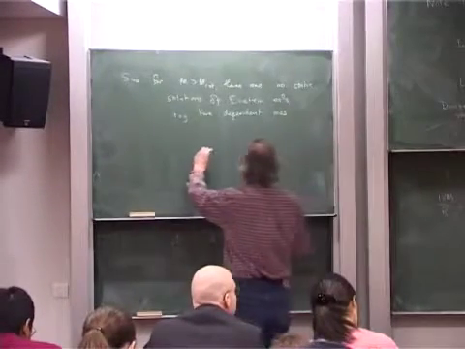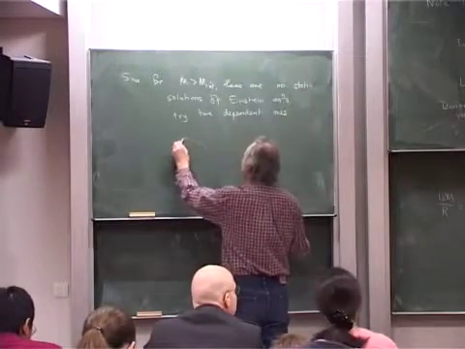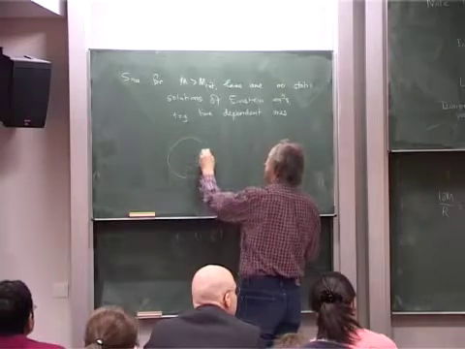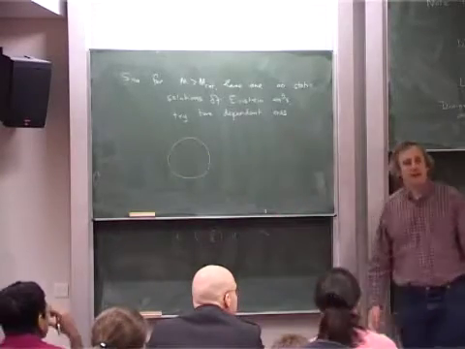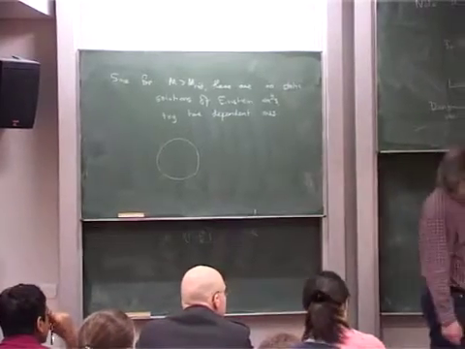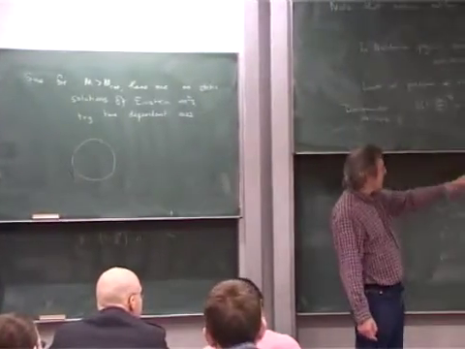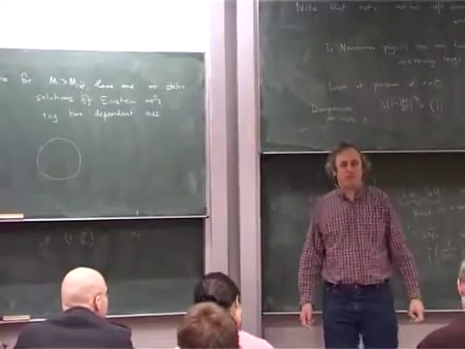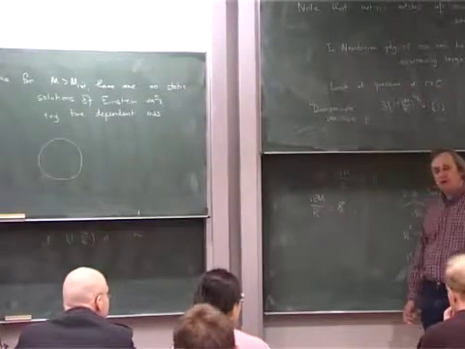So what happens? Somebody gives you a star that looks like that at some instant, and it has mass greater than this thing, so you know you can't have something that is static. What is going to happen?